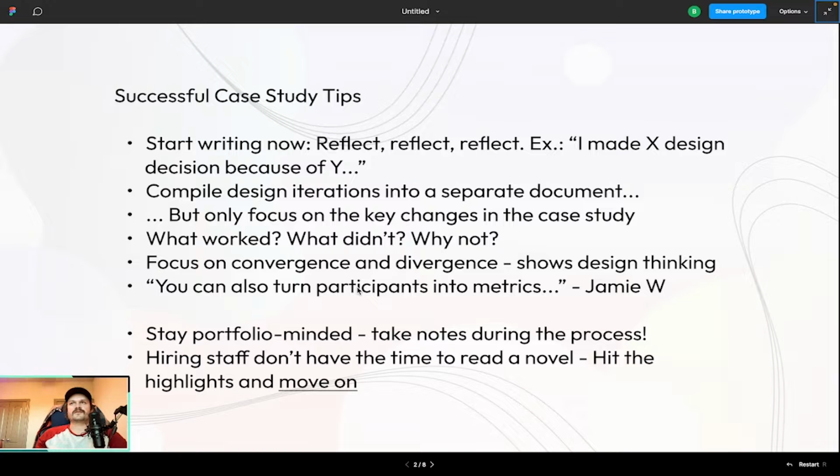And that ties heavily into this quote that I took from the Zoom chat last night. One of the peers in our group, Jamie W., who is helping out a lot of the students, made the observation that you can also turn participants into metrics, and I thought that was rather clever.